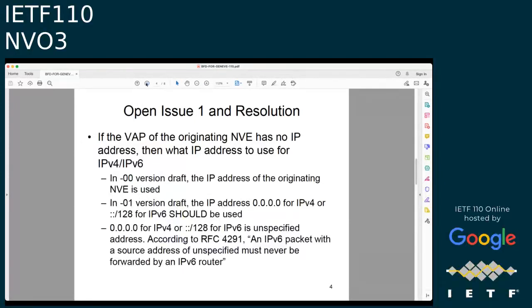So we think that in this scenario, using the unspecified address is more suitable than using the IP address of the originating NVE. Next slide, please.